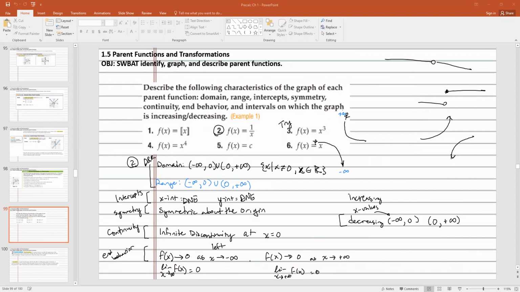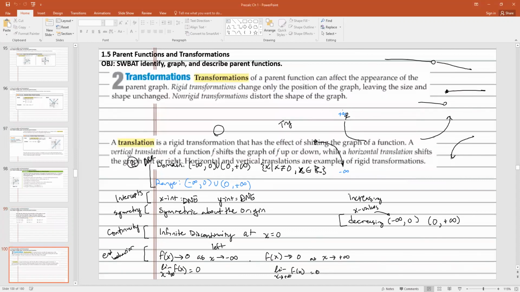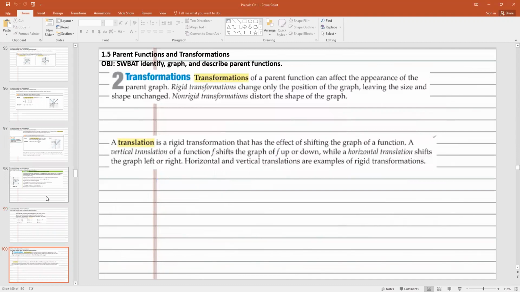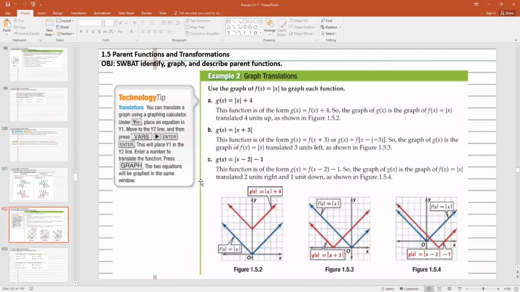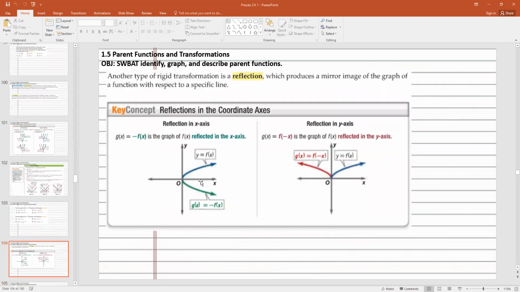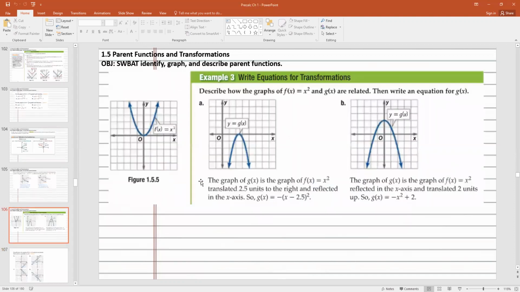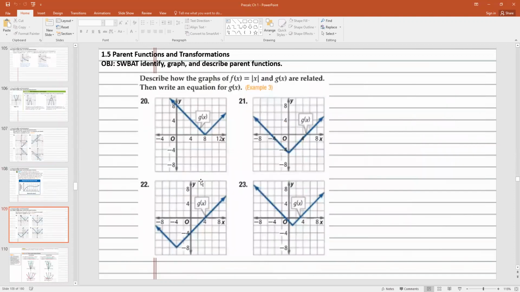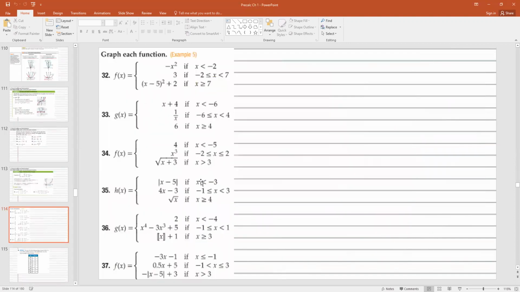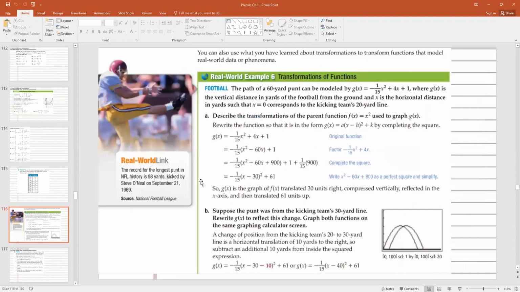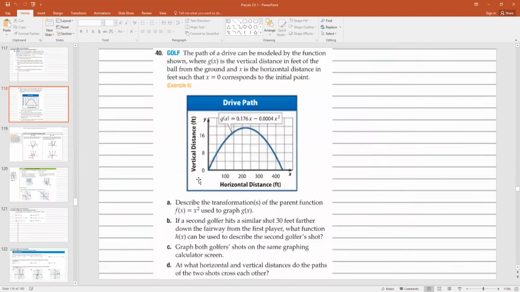All right, I think that's it for today. Tomorrow we'll look at transformations: translations, reflections, rotations, and dilations. These are things that you've seen before.